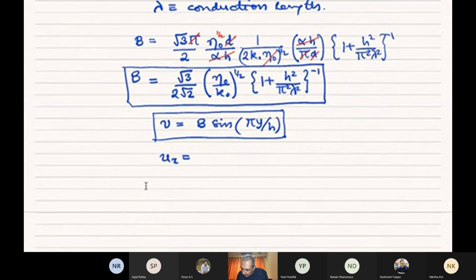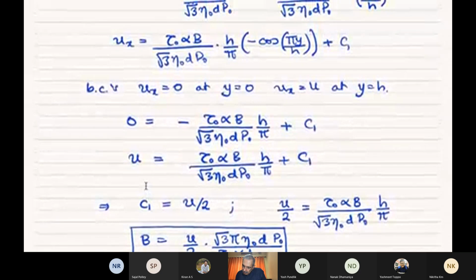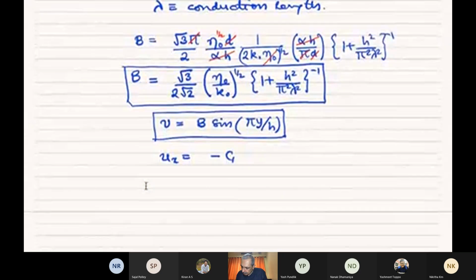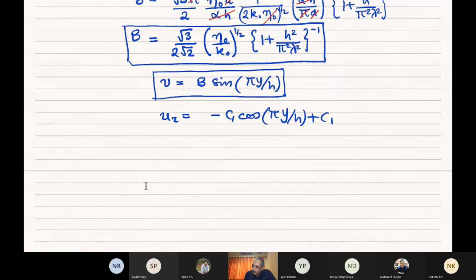So this I can write down as just C minus C1 into cos of pi y by H plus C1. And then we know C1 is just U by 2. So this finally we'll get Ux is just equal to U divided by 2 into 1 minus cos of pi y by H.